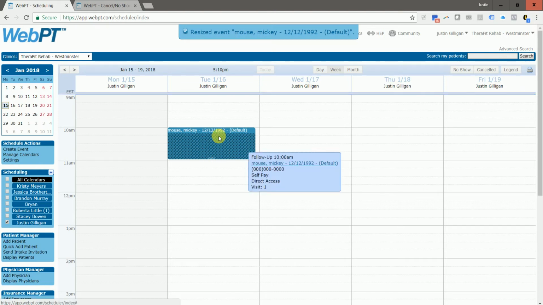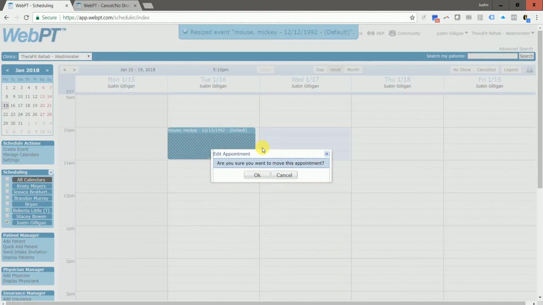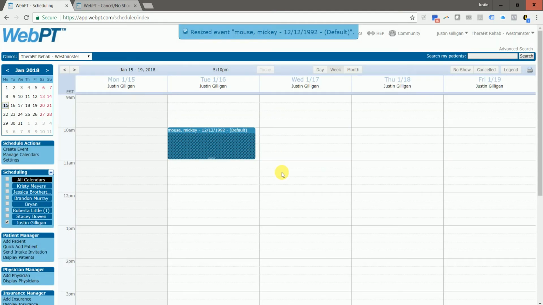Now, if Mickey Mouse is wanting to cancel this, and he's canceling Monday at 9, then the first thing that we're going to say is, I'm so sorry to hear about your back, your car, your bed, whatever it is. When can we reschedule? I have an available appointment Wednesday at 10. Can you make that instead?